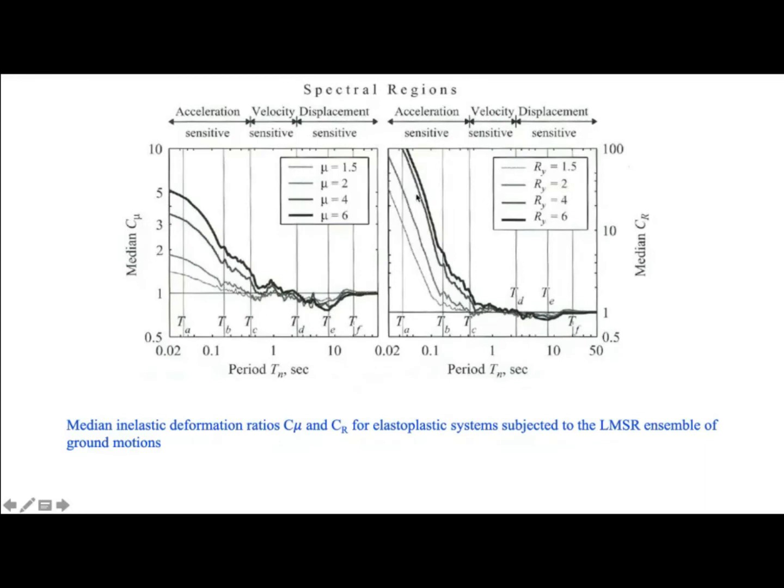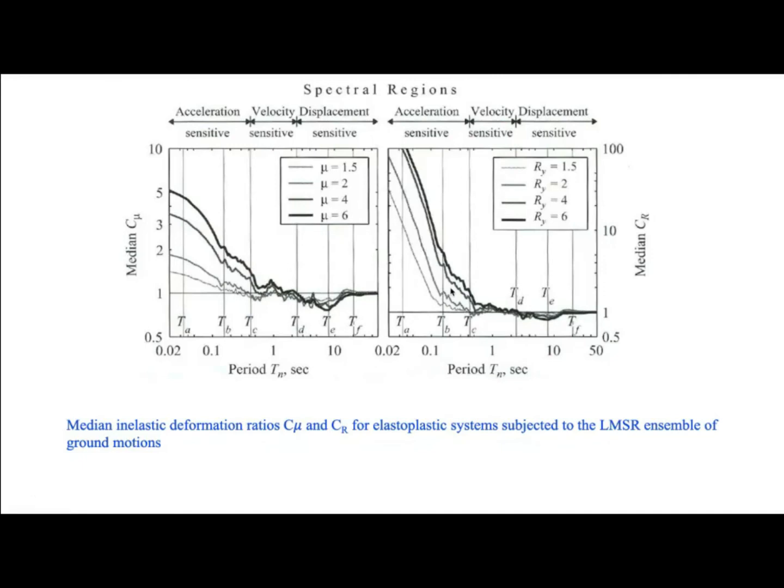So for your structural system, if you know the ductility or if you know how much strength reduction is applied on your system, you can use either of these plots to calculate C mu. Because if you know the Tn, just take that value and read the C mu.